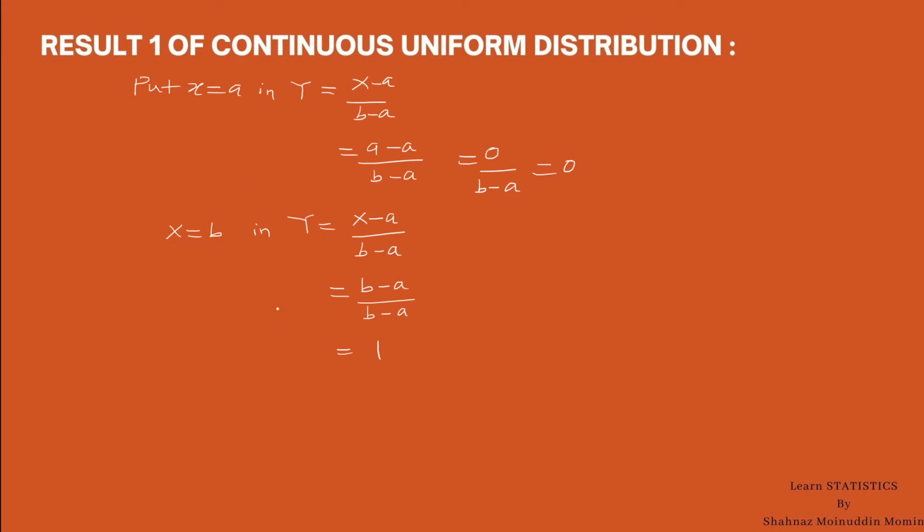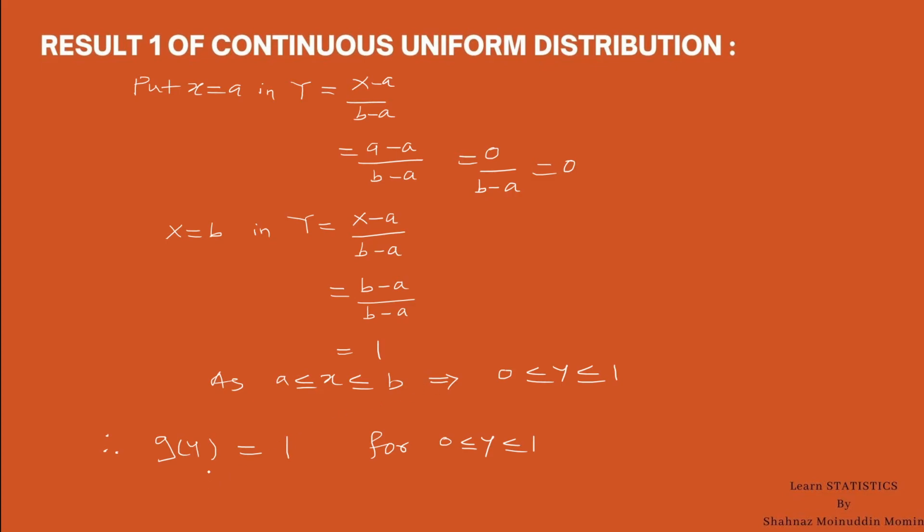Hence, as x lies between a and b, y will lie between 0 and 1. The range of y is 0 to 1. Therefore, the PDF of y becomes g(y) equal to 1 for 0 less than or equal to y less than or equal to 1.